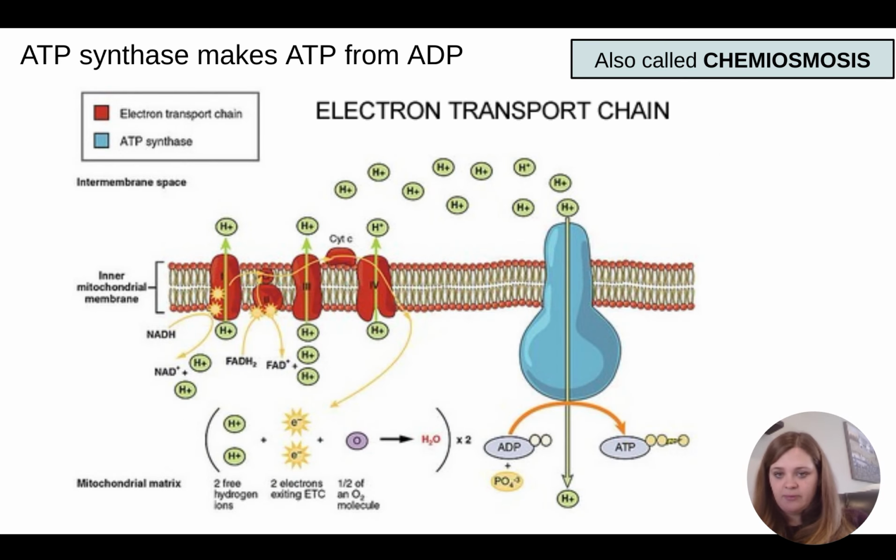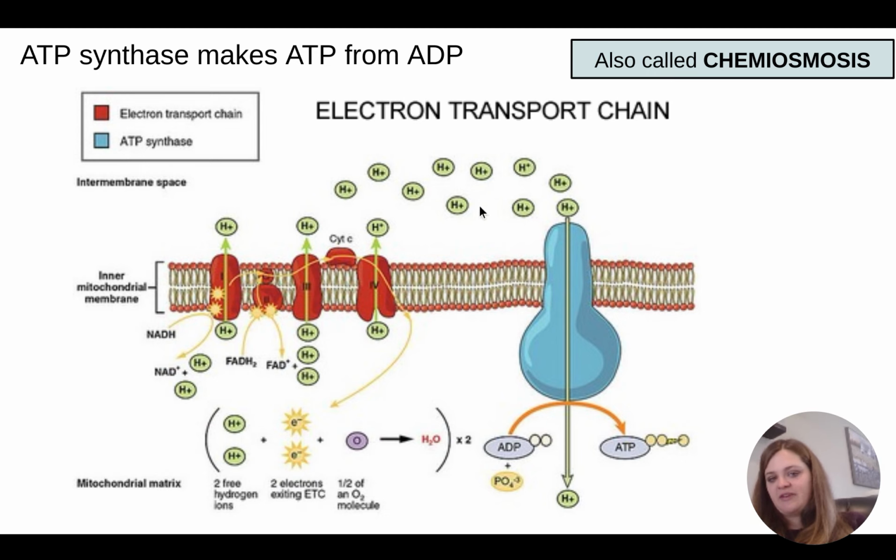To be a little bit more specific here, you can see the hydrogens and electrons coming in through here. The electrons are pushed across this yellow section here. This little arrow represents where the electrons are going. Those hydrogens are pushed up, and now we have an imbalance of hydrogens.